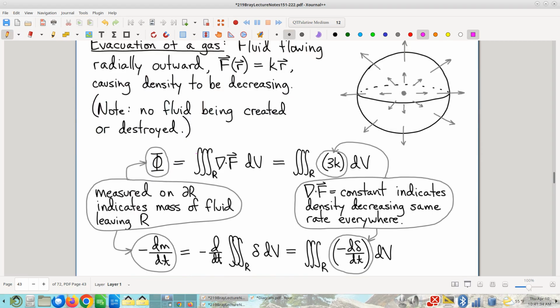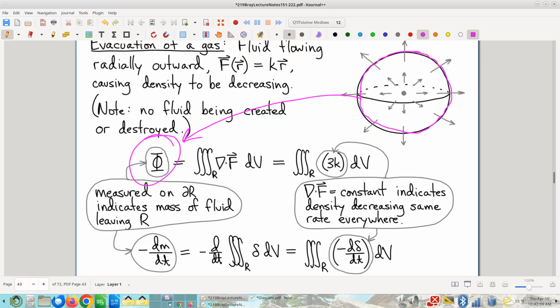Another fundamental interpretation of flux. In this scenario, when I talk about flux through this surface, whatever surface that might happen to be, I drew it as a sphere, it doesn't have to be, the flux through that surface represents gas passing through that surface. Wait a second, if the gas is passing through the surface, that means that gas that was inside is going outside.